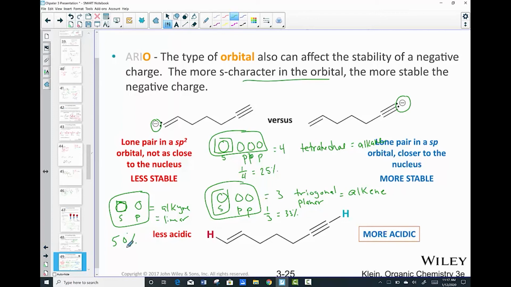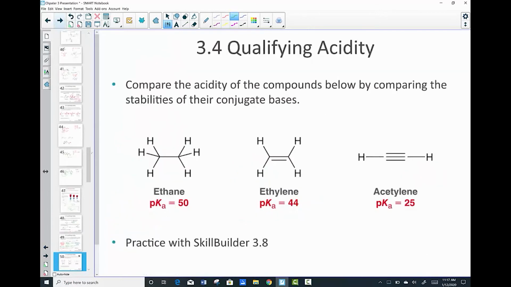An alkyne is 50% s configuration. The other 50% comes from a p. It's the most stable conjugate base of the acids. When we compare the acidity of the compounds, the least acidic comes from the orbitals sp3, all single bonds.